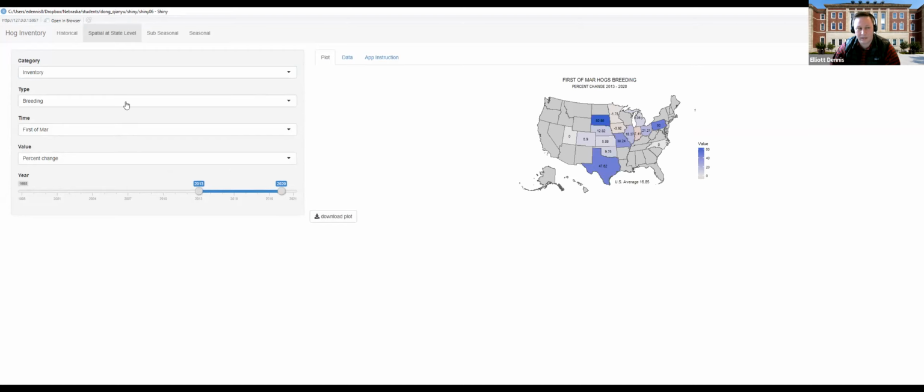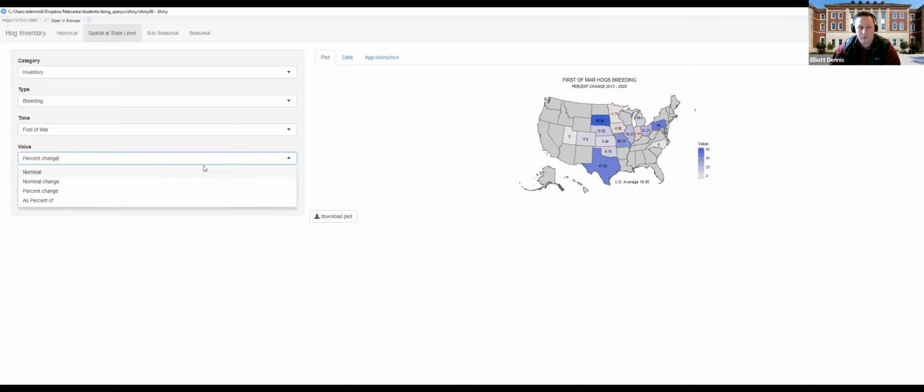Right now we're looking at the 1st of March hogs breeding inventory, and the difference between 2013 and 2020. So in Nebraska, the breeding inventory reported on the 1st of March between 2013 and 2020 has increased about 13% between those reports.